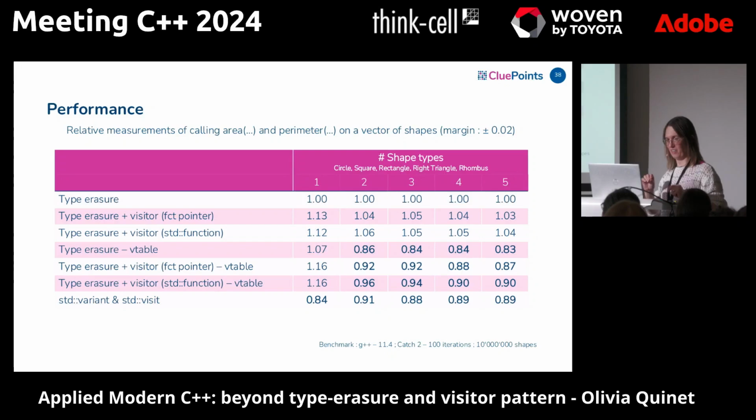I forgot to say what the case is here. So we are going to measure the impact of all this machinery by calling the area and perimeter of each shape, so circle, square, and everything, either via the type erasure interface or via the visitor.